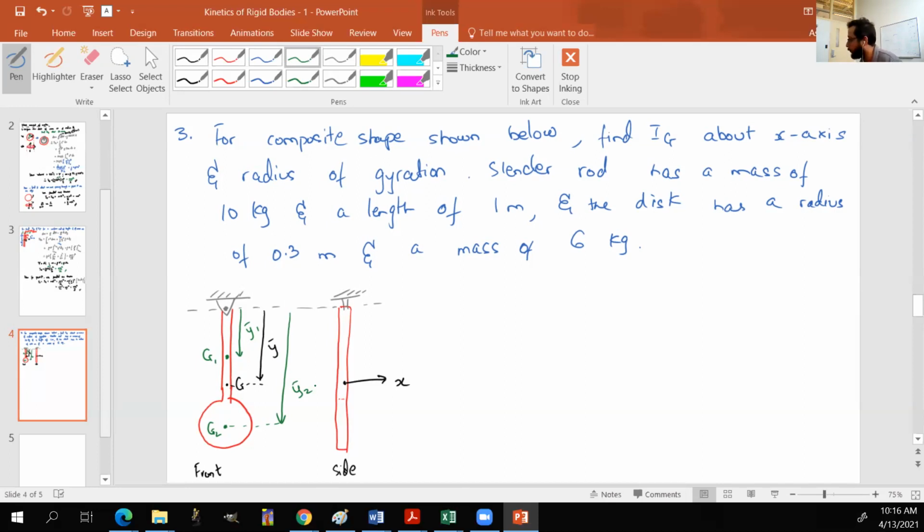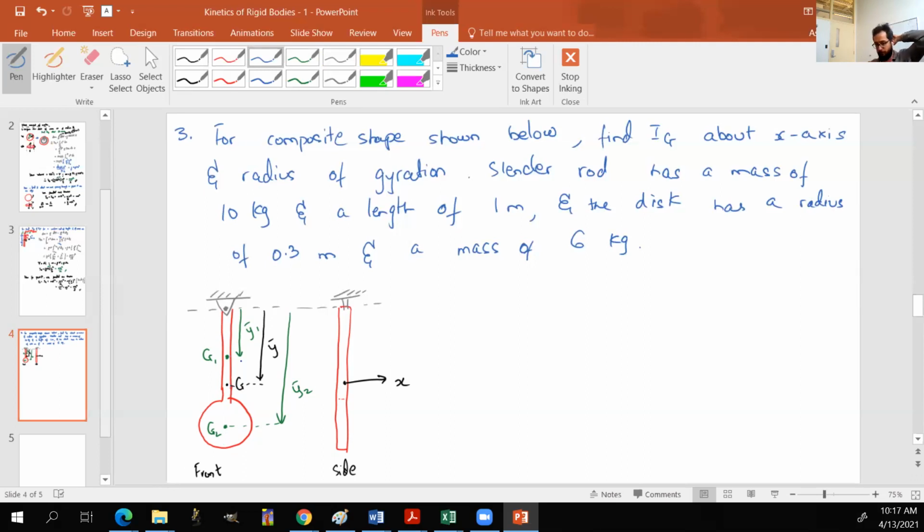So what's the first thing we need to do? The approach for the composite structure is that we will find out where the mass center G is for the structure. Then we will use the parallel axis theorem to find the rotational moment of inertia about that point for the rod, and then about that point for the disk.